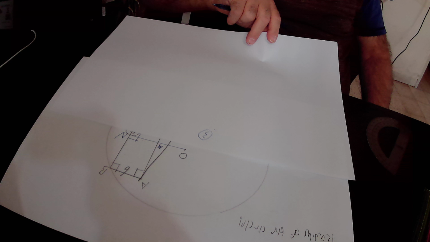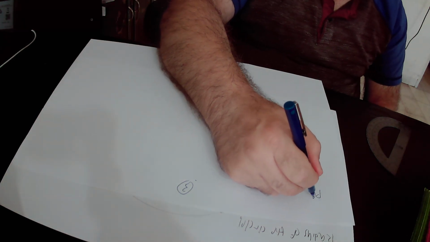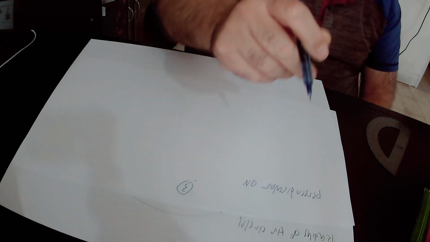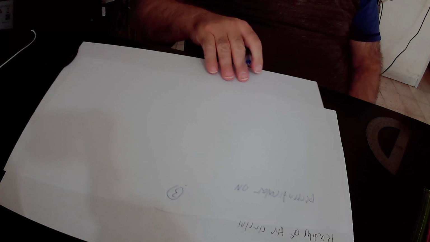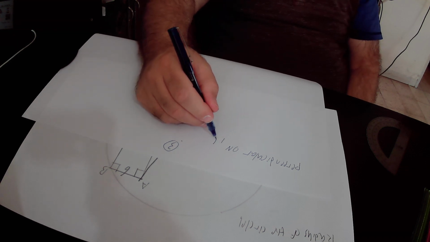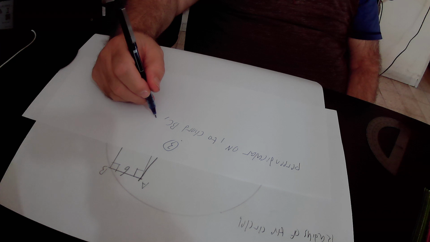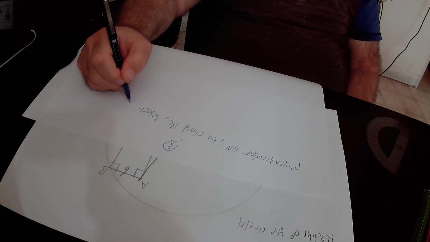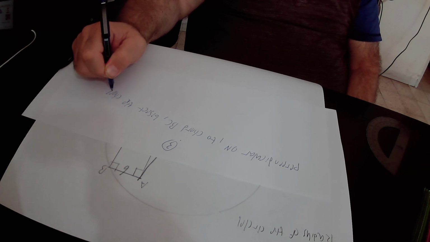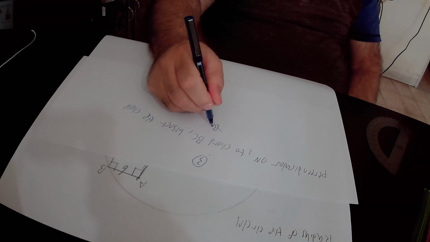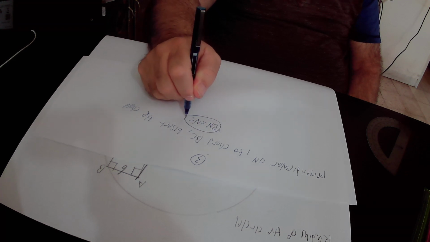Now in our original drawing, we have perpendicular ON from the center of the circle, that is to say from point O, to chord BC, and according to rule number 2, it bisects the chord. That is to say, BN equals NC.